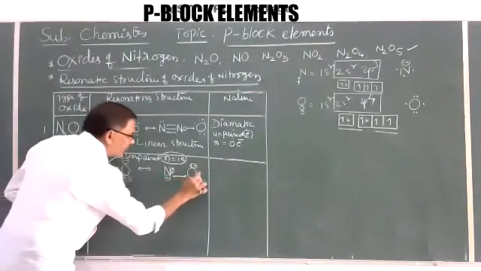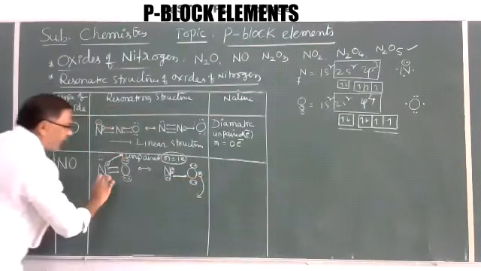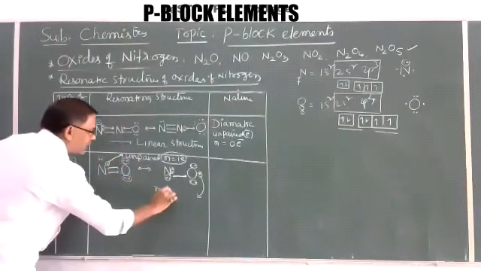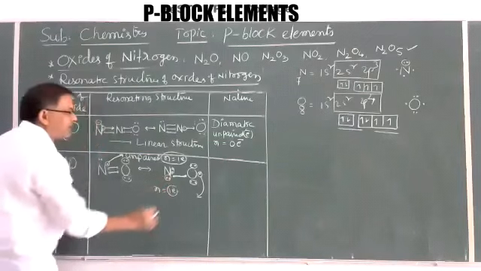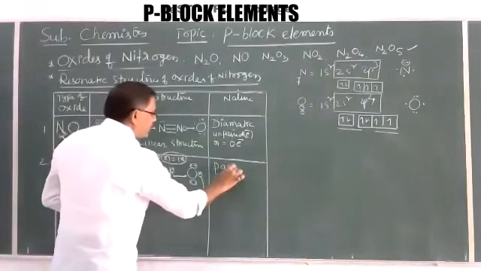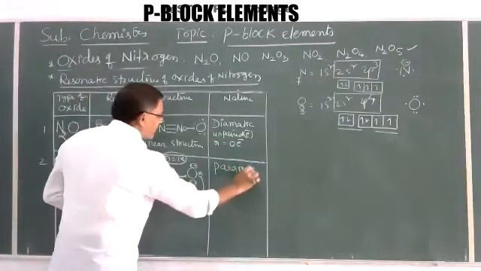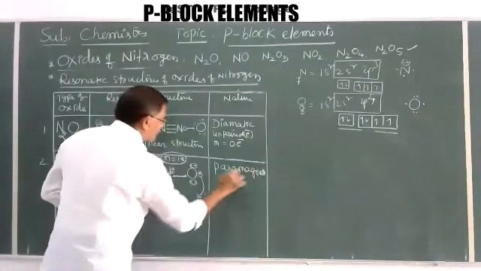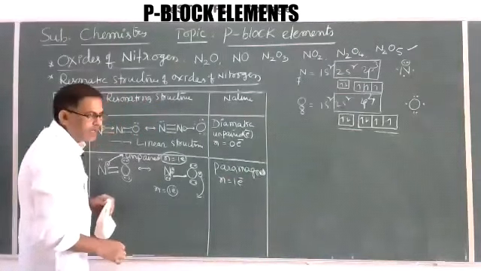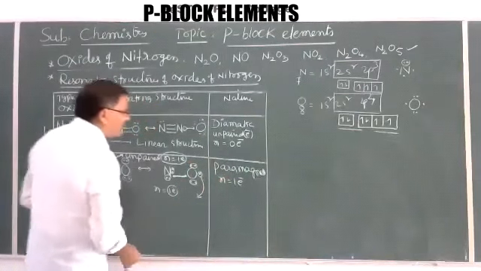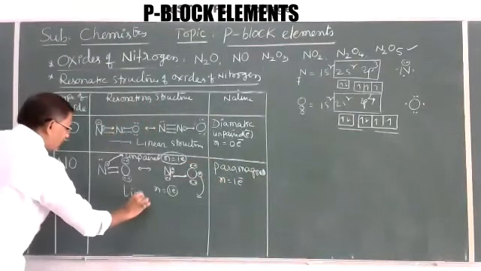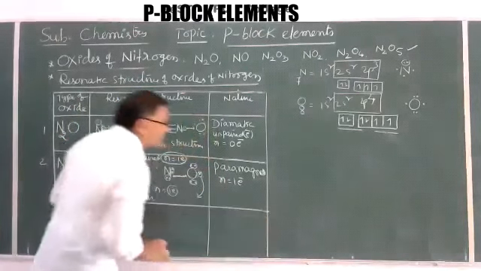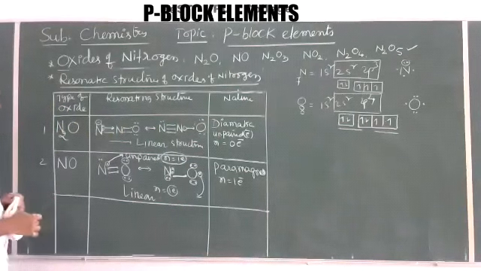Now there is one unpaired electron in total. In either form of NO, the number of unpaired electrons is one. That's why it is paramagnetic in nature. The gas is paramagnetic because the number of unpaired electrons is 1, showing a magnetic moment attracted towards the magnetic field. It also has a linear geometry. So this is the second important resonating structure.